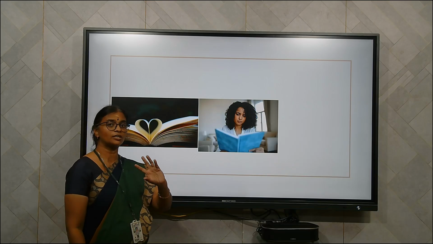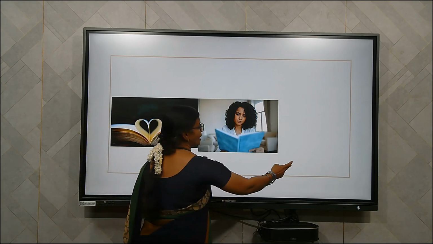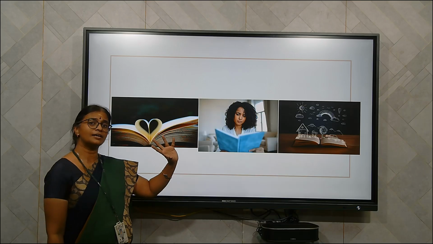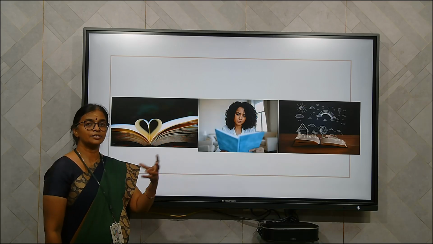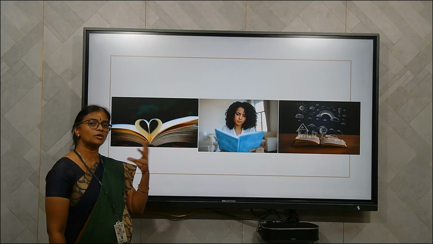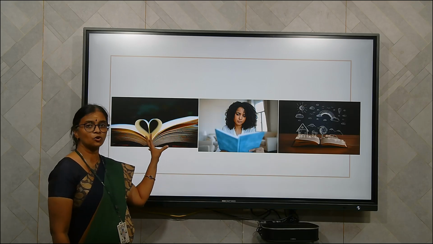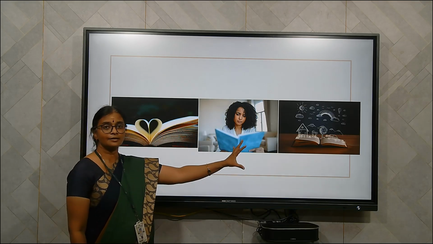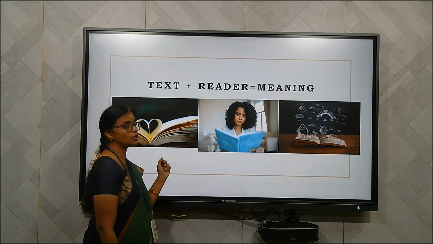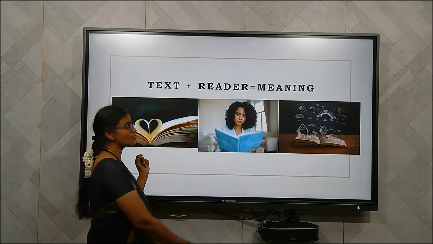That is what the reading process means. Only after the reader's comments, criticism, views, ideas and opinions, whatever he or she gets out of the text, does it give the clear picture and the meaning of it. So we can give the formula: text plus reader is equal to meaning.